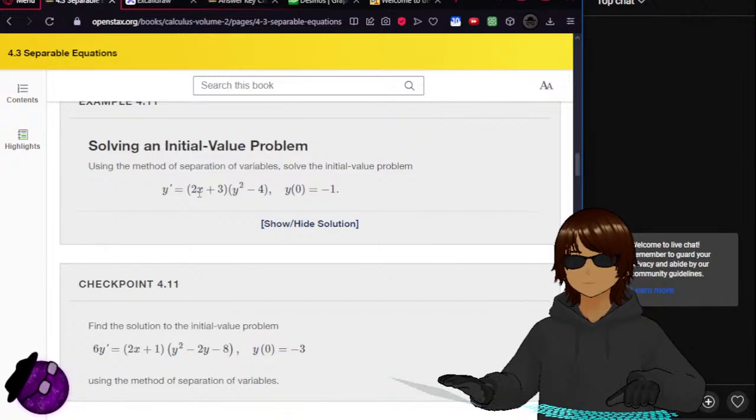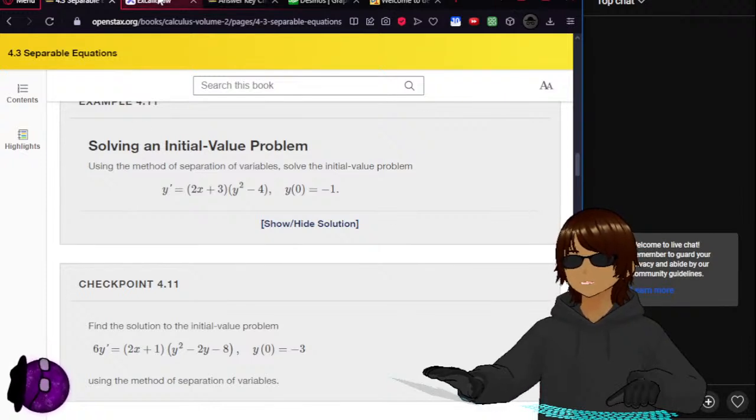Solving an initial value problem. Use the method of separation of variables. Solve the initial value problem. Wait, how did we solve it before then?